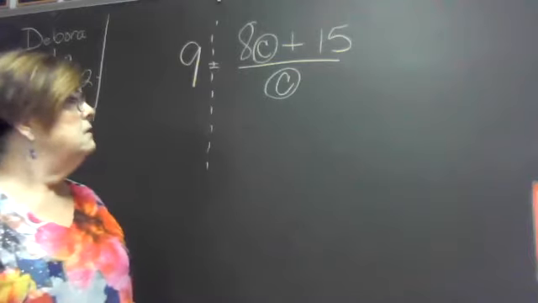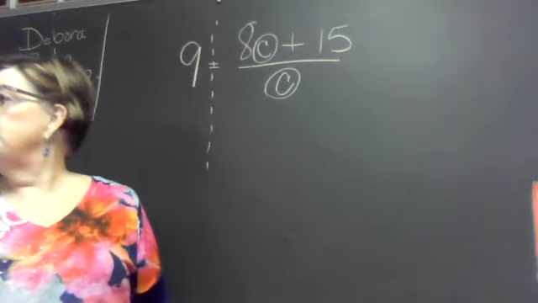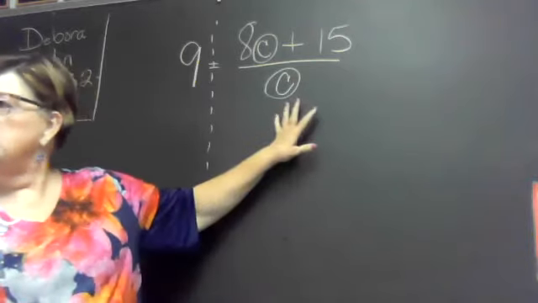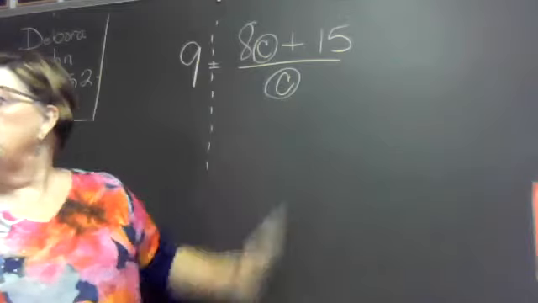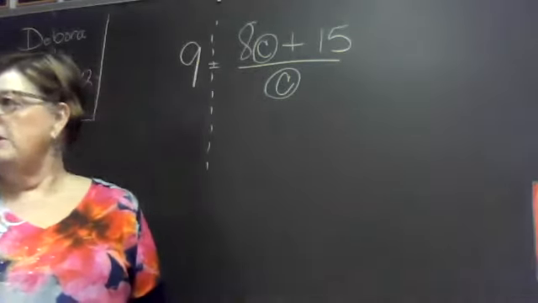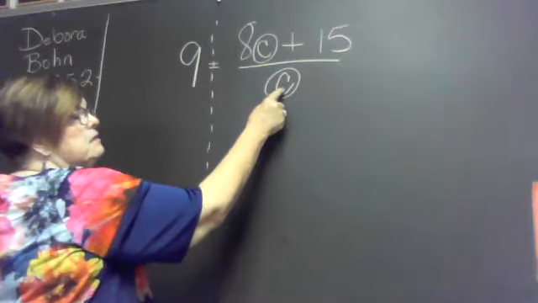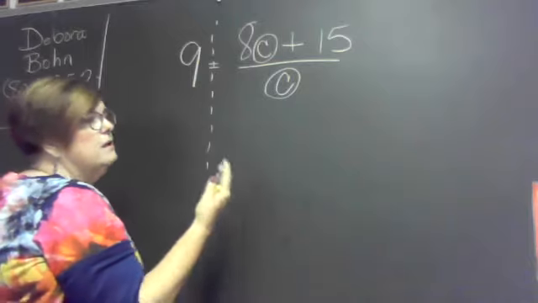What part is scary to us? Most of you would say the C on the bottom, that's what's causing the problem. And that's a good clue because that's the one we're going to deal with. So if I want to get rid of this C, I treat it just like a number.